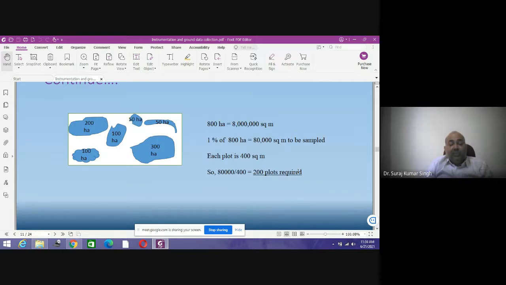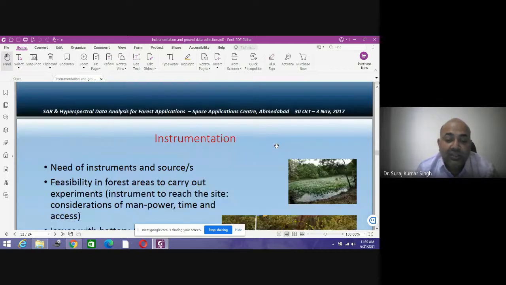So when you go into the field, you will be selecting at least 200 plots to get your sampling done.